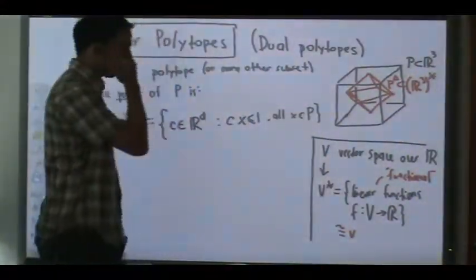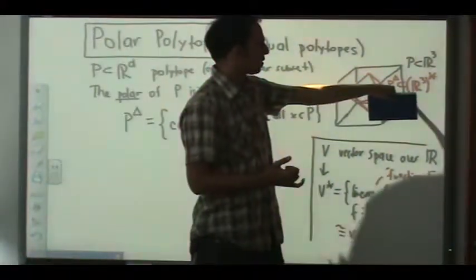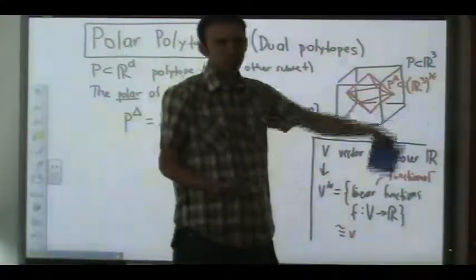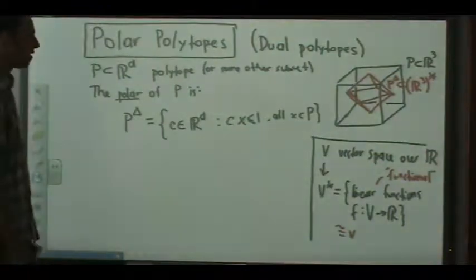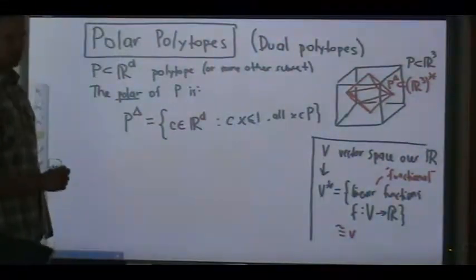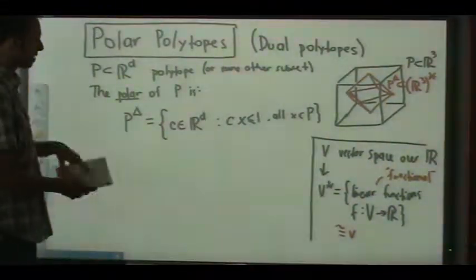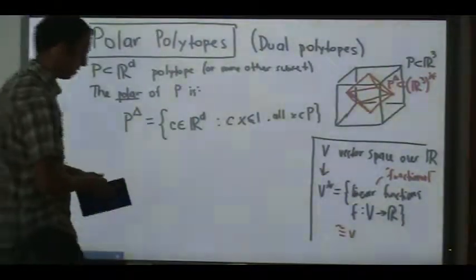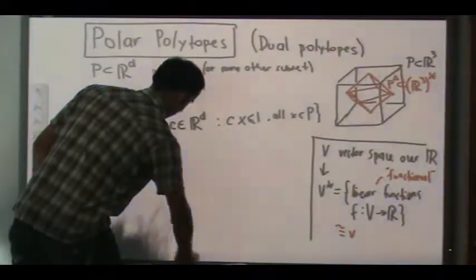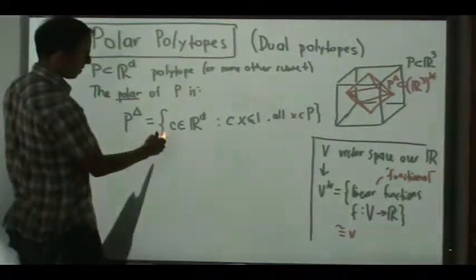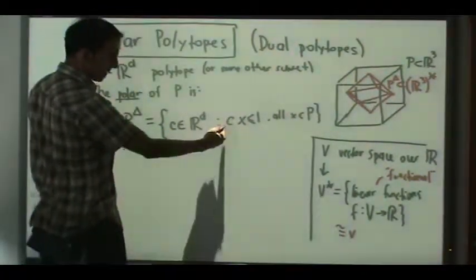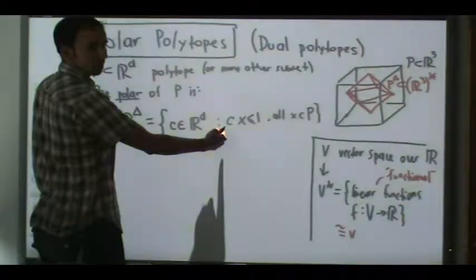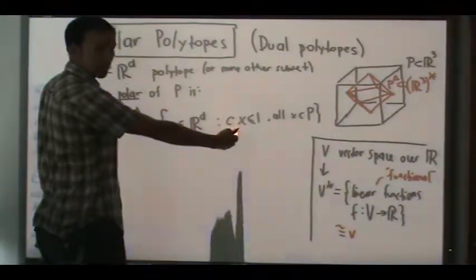And so the polar of P lives in R^3 dual, which is another copy of R^3, but we want to keep it different. One distinction you want to make here: the most natural way of thinking about this is that c is acting as a linear function on x.